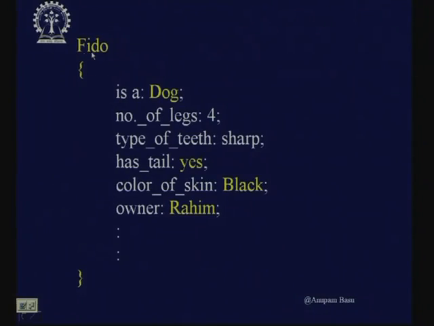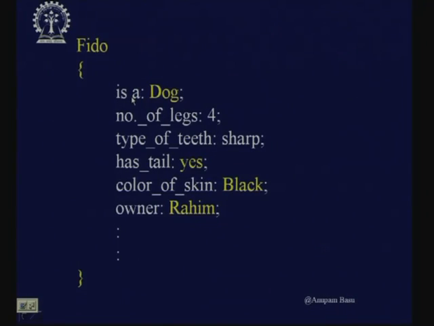So, let us see how the slot values have changed. Fido is a dog. I could have written here also Fido is instance of dog, that would have been more correct. Now, number of legs 4, because Fido is a dog, so it has got number of legs 4, type of teeth sharp, has tail yes, color of skin black, owner I can put the value Rahim.